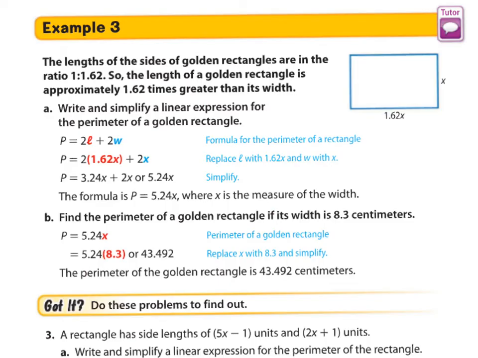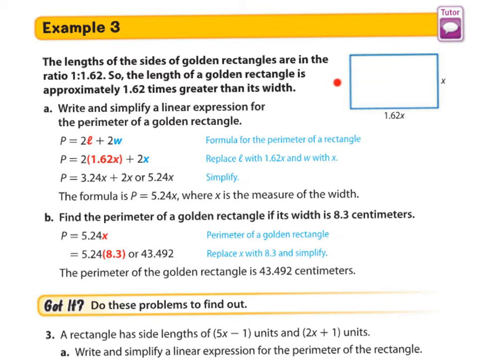Now let's apply this knowledge to geometry by finding the lengths or the perimeter of certain shapes. Here we have a rectangle, and you can see this rectangle has 1.62x on this length, which means this length here is the same. And on this side we have x, and on this side we have x, so we have 2 x's, correct?